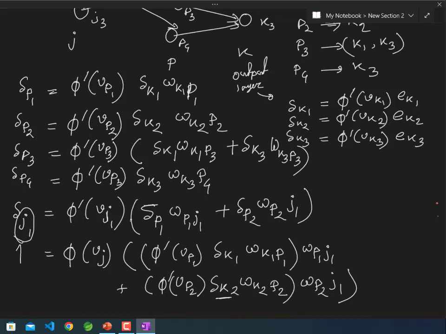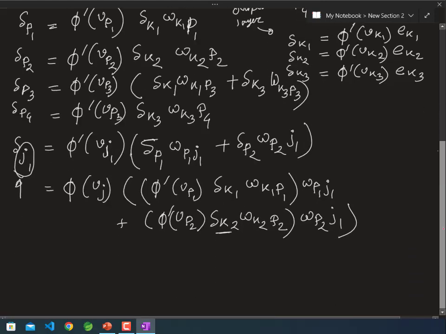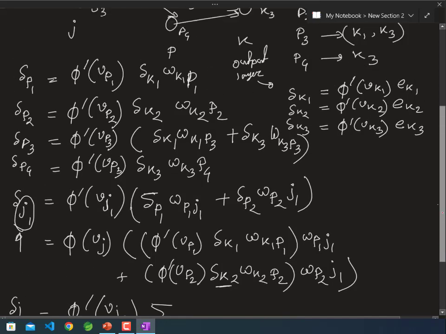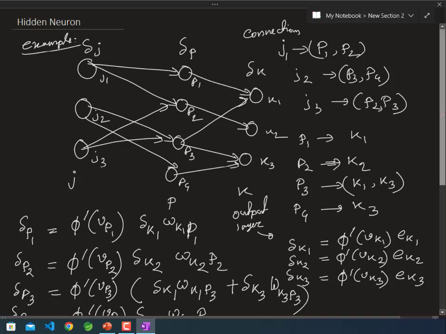So we have shown the J1 case, and you can similarly show that J2 can be rewritten in the manner of V J2 with the help of the connections P3 and P4.